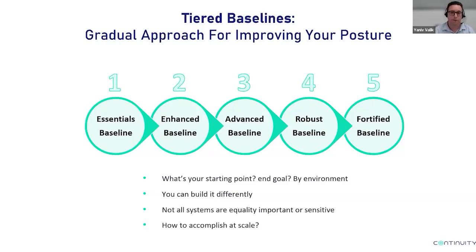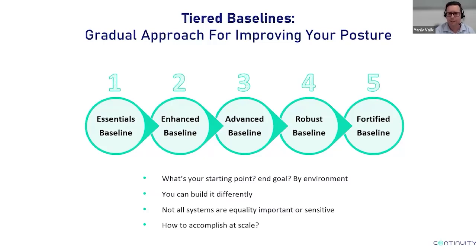Likewise, if you already cover the essentials, you can start your journey at a higher tier. Also, you don't have to pick one tier for everything. Different environments and workloads sometimes have different levels because some systems are naturally more sensitive or more important than others.